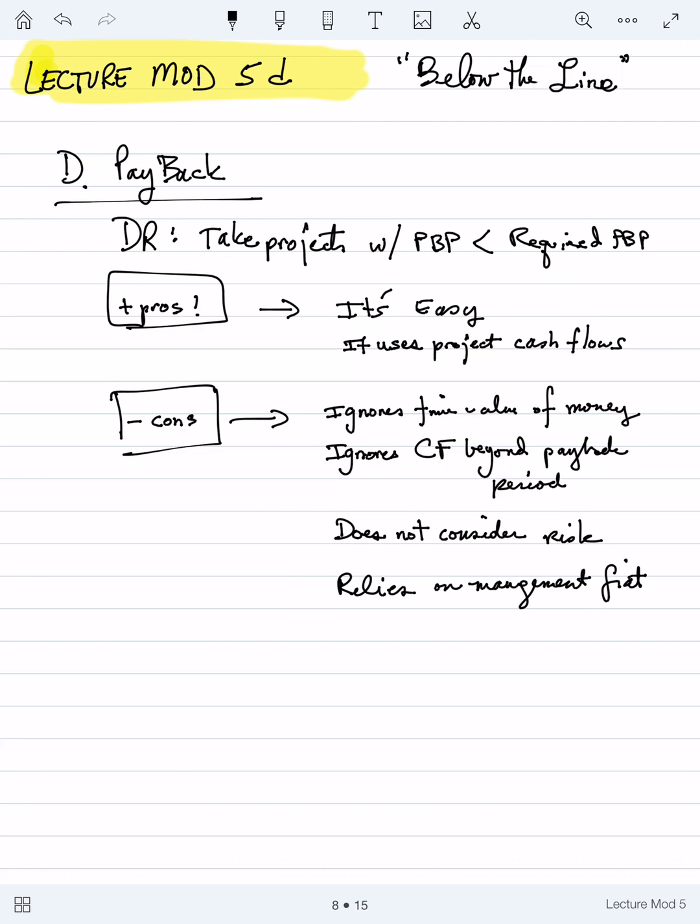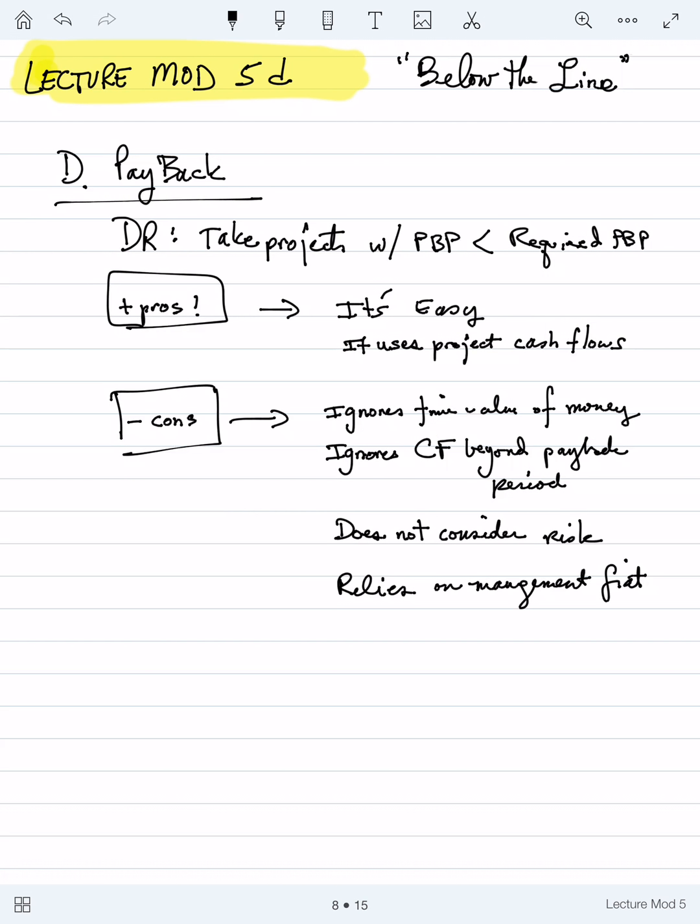So some people say, well, let's use what we'll call the discounted payback. Does it solve the problems? It does solve one problem, but not the rest of them. It still suffers from problems regarding the ignoring of cash flows, the issue of risk, and the reliance on fiat.